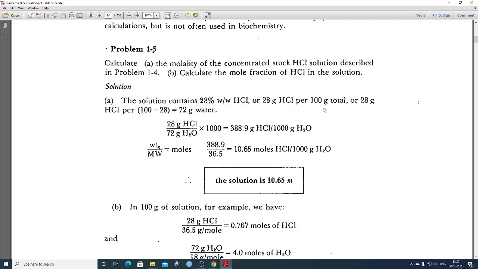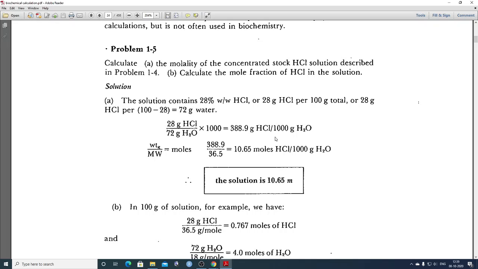So it has 28 grams of HCl and 72 grams of water. If you do the calculation like this, 28 gram HCl divided by 72 gram of water, multiplied by 1000, in 1000 gram of water, how much HCl do you expect?